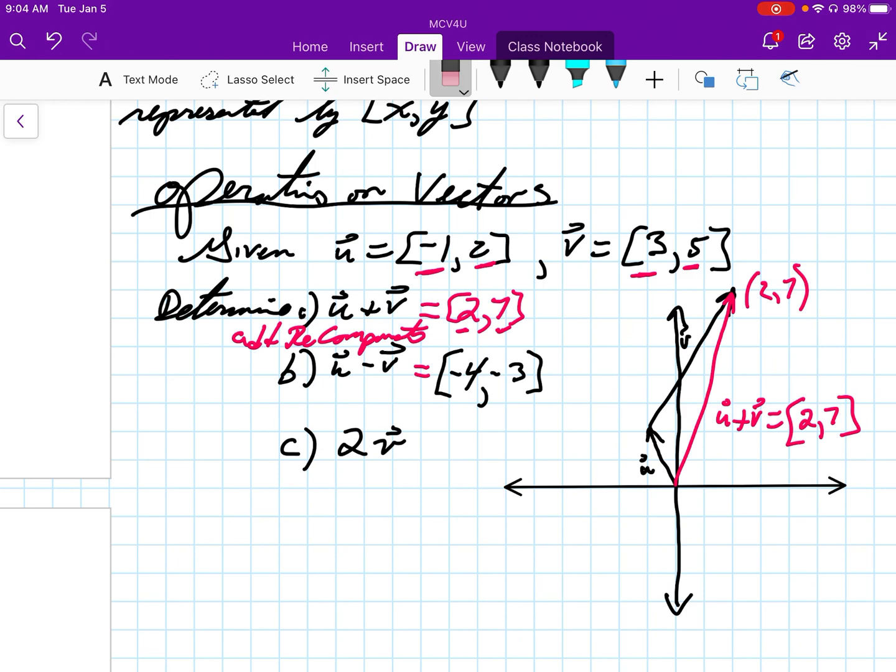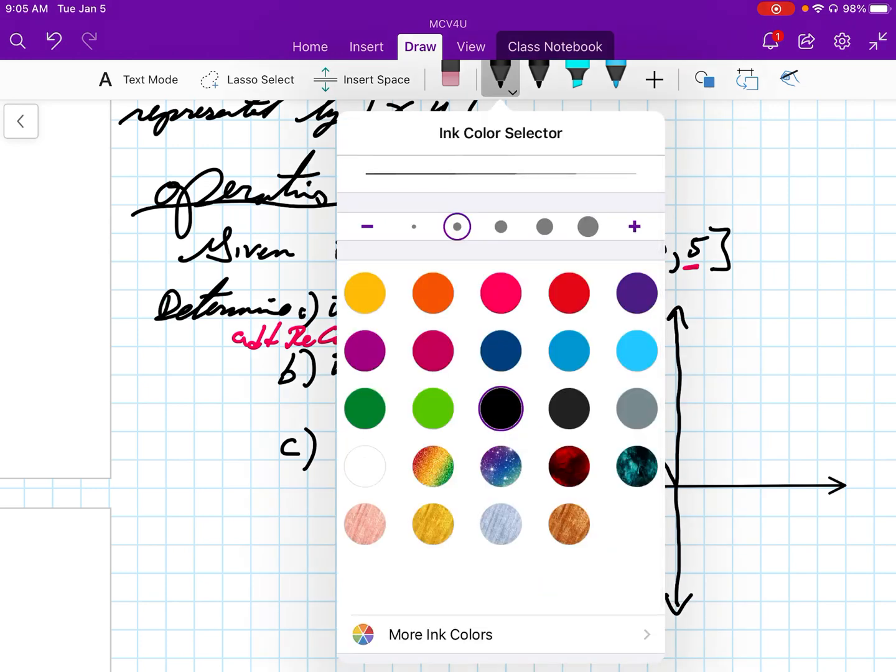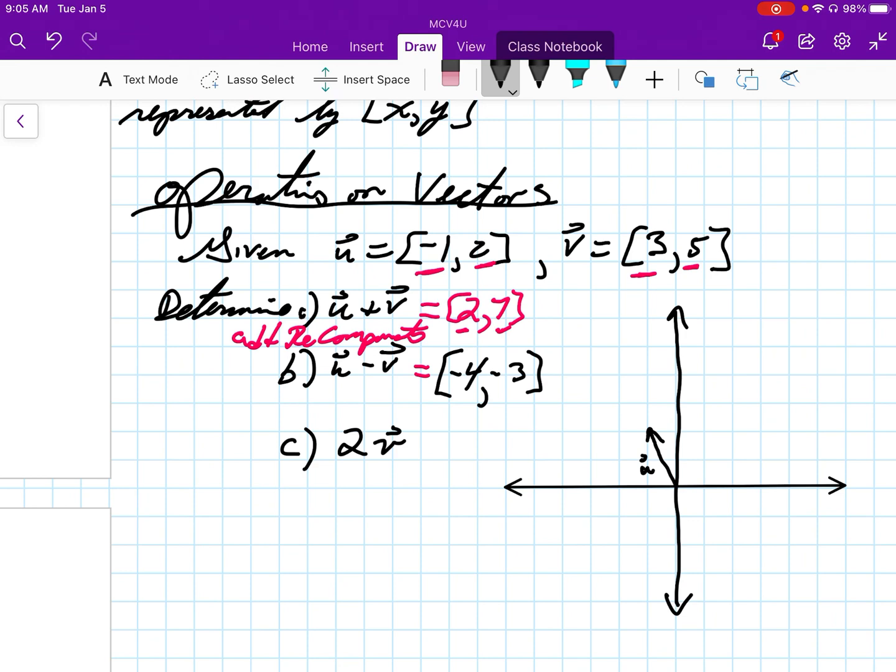I can quickly take out the v, rather, get rid of the adding part. Remember with subtraction, what we have to do is line up the tails together. So what is v? It is (3, 5). From the origin, we go 1, 2, 3, and 1, 2, 3, 4, 5.